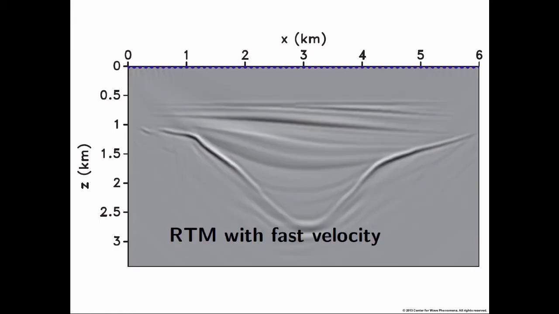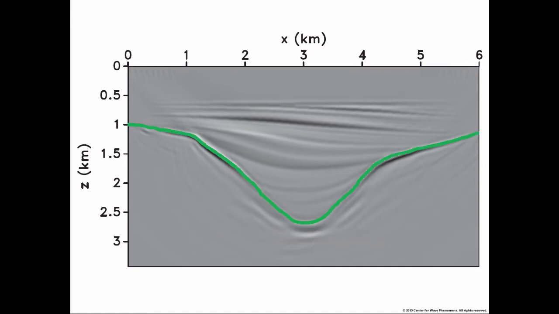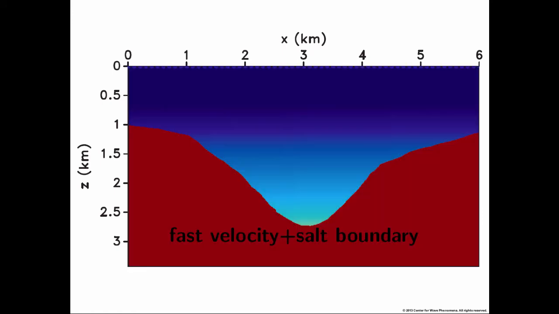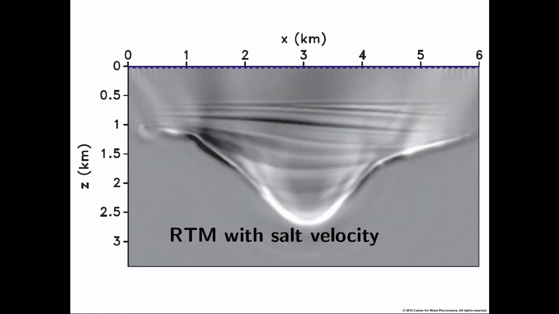So what happens if we introduce the top of salt event in the model? We interpret the top of salt and we perform a salt flooding. In this case, you can see that the top of salt moved down accordingly with the image. If we now compute the RTM with this top of salt velocity, this is the first image I showed you.